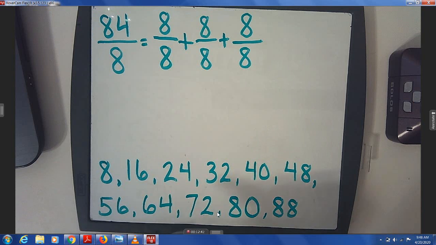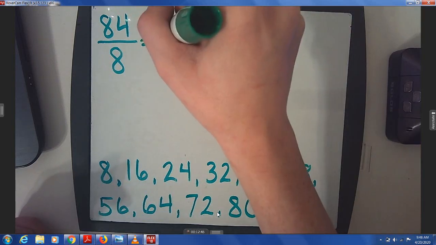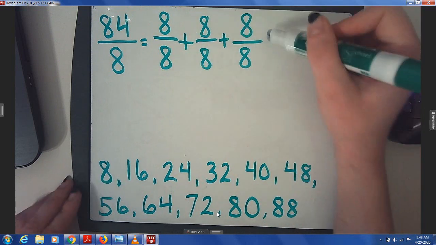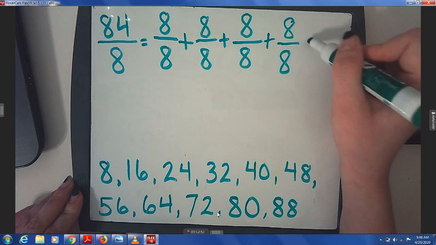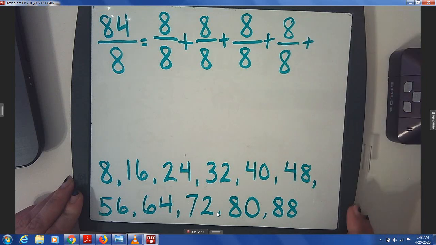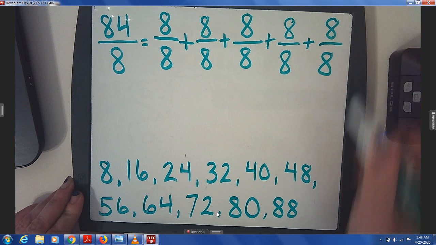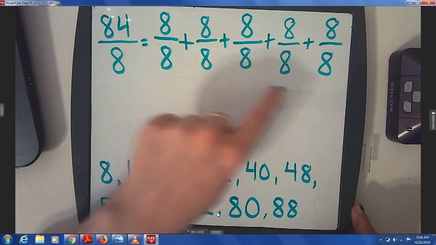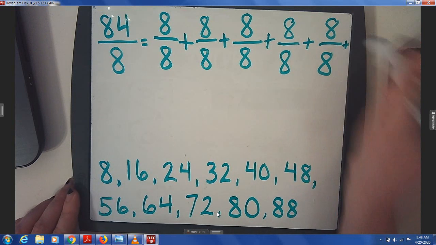So that kind of helps me see that 8 times 1, 8 times 2, 8 times 3, I can add another 8 eighths. That would be 8 times 4. I can add another 8 eighths because 1, 2, 3, 4, 5. 8 times 5 is 40. I can add another 8 eighths.